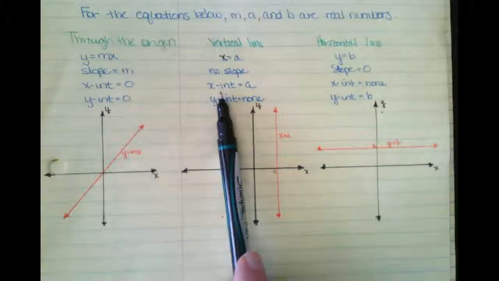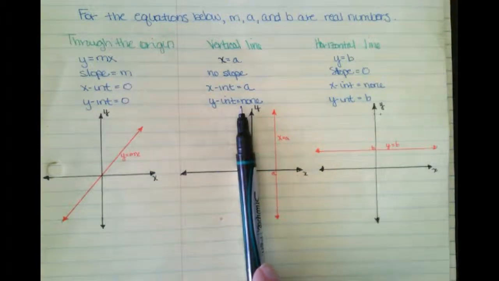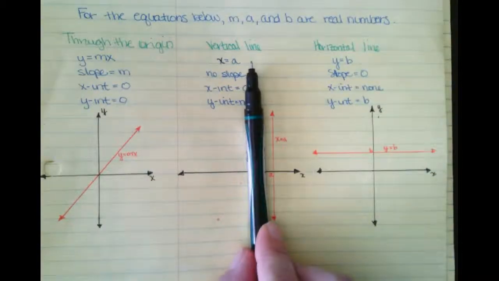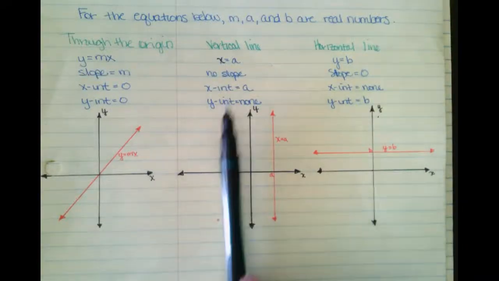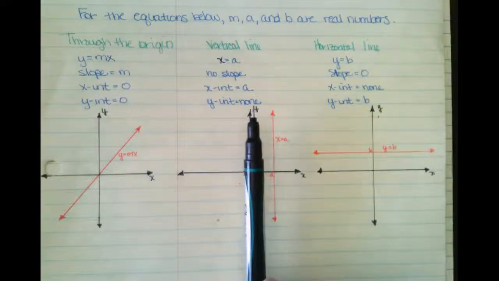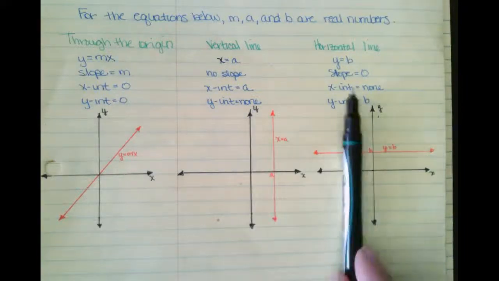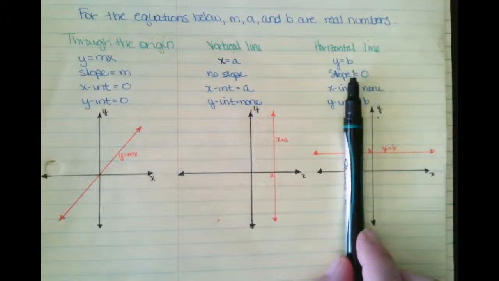The x-intercept is a, and the y-intercept is none, unless the vertical line is sitting right on top of the y-axis, and then if it is, x equals 0, and the y-intercept is the y-axis. It's everything. A horizontal line is where the equation looks like y equals b.